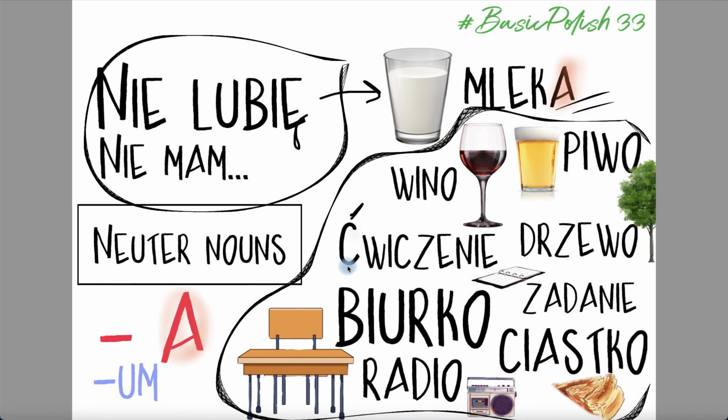Notice that this is a neuter noun simply because it ends with e. So replace e this time, not o, but e with a, and you've got the form of that noun in genitive. Nie lubię, I don't like this exercise. Nie lubię ćwiczenia.